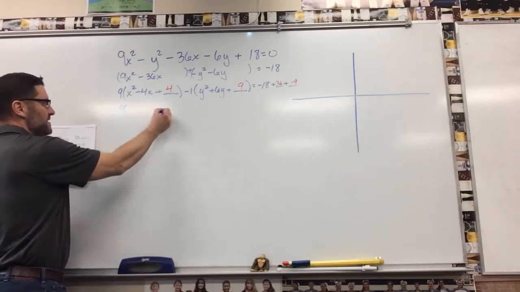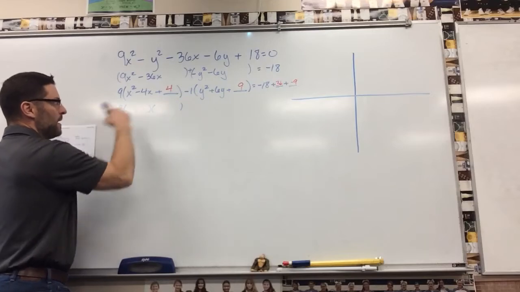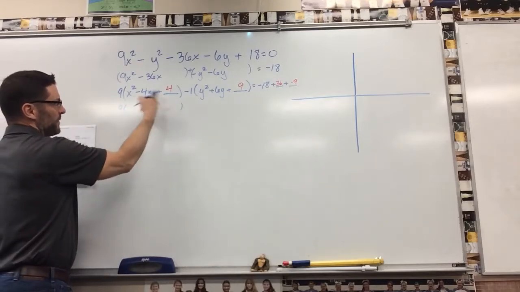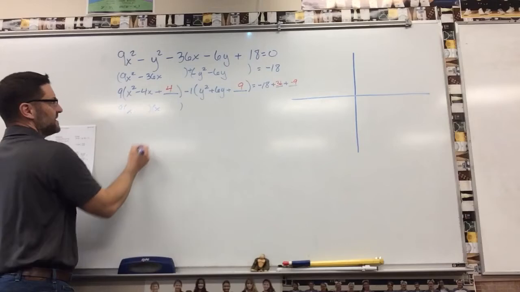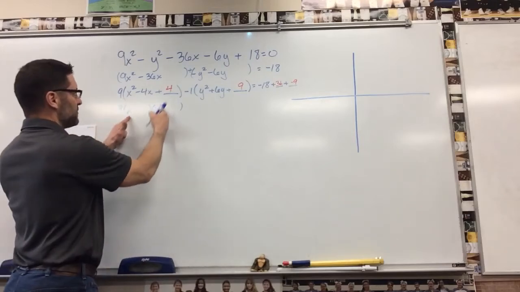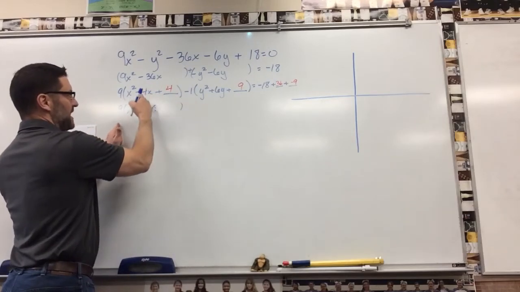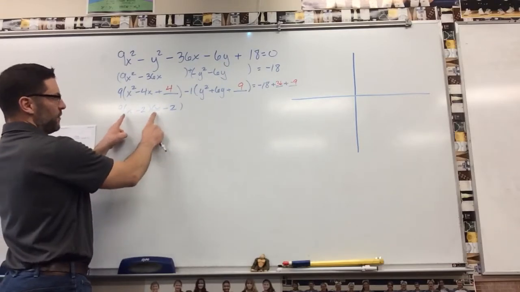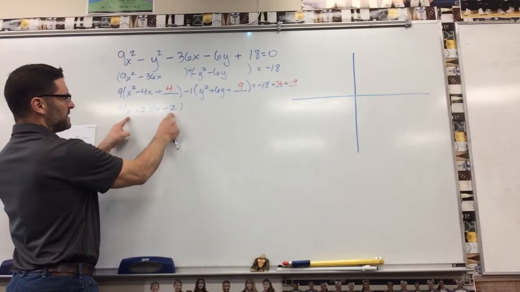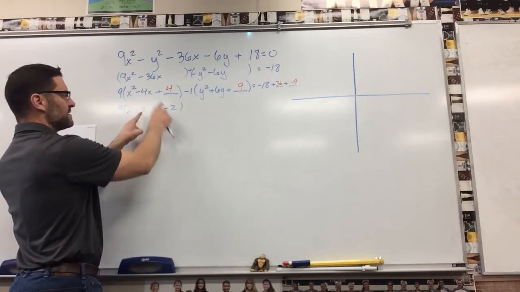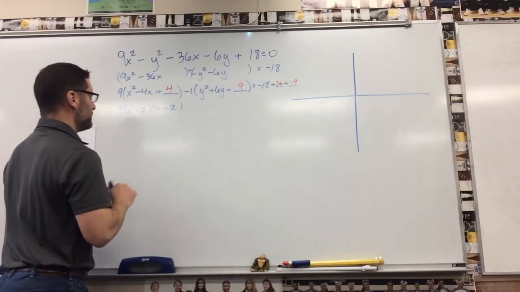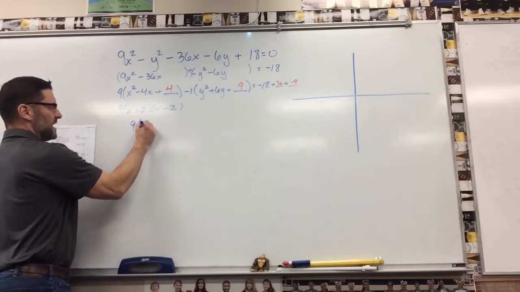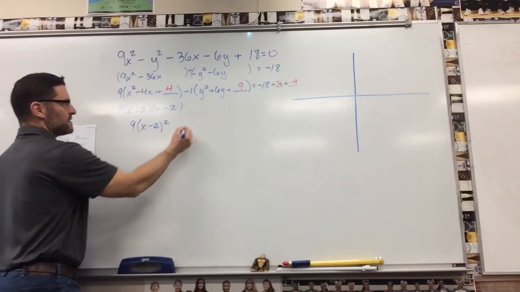Completing the square turns these into what's called a perfect square trinomial, and what that basically means is it's factorable into x and x. X times x is x squared. Factors of positive 4 that add to negative 4 are negative 2 and negative 2. And if you foiled in your head, x squared minus 2x is negative 4x. Negative 2 times negative 2 is positive 4. And that turns it into 9 times x minus 2 squared.